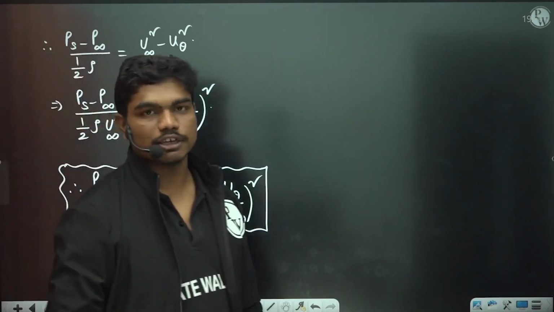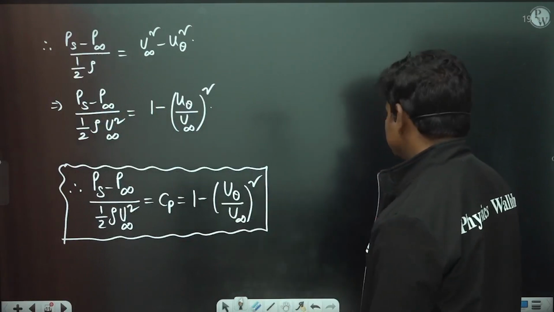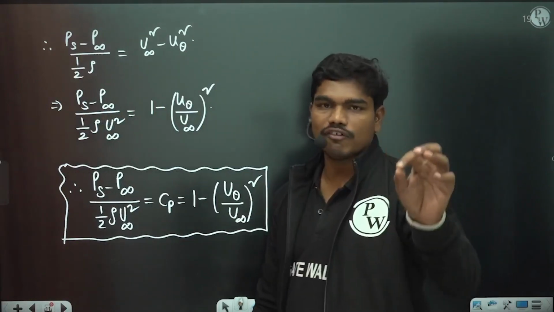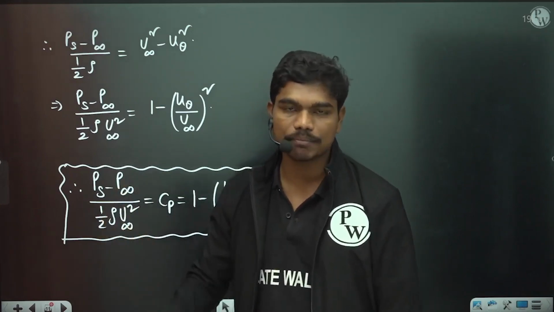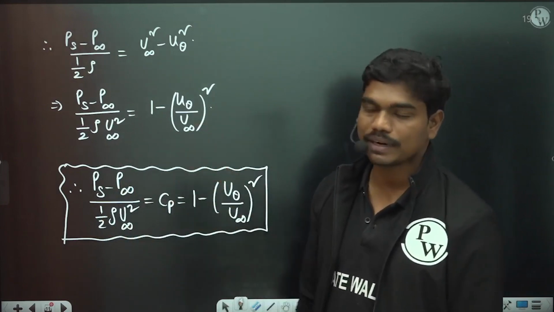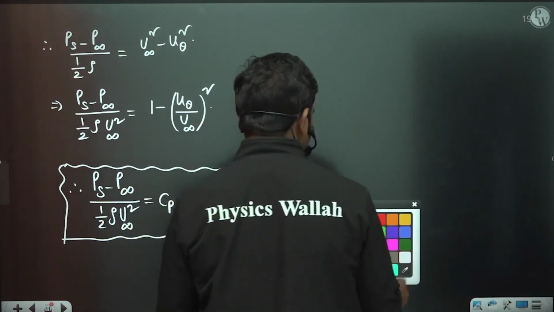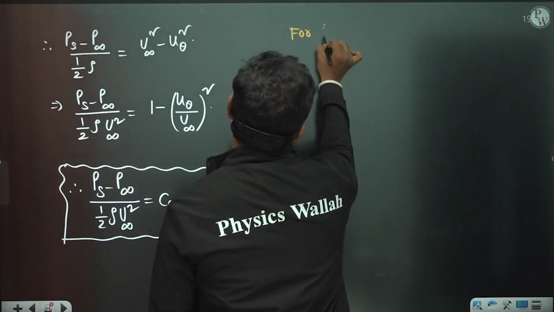Now if this is the coefficient of pressure, then try to understand one thing. If you take the cylinder, and take P infinity as the reference value, for example 0, then what is the variation of pressure in this case?